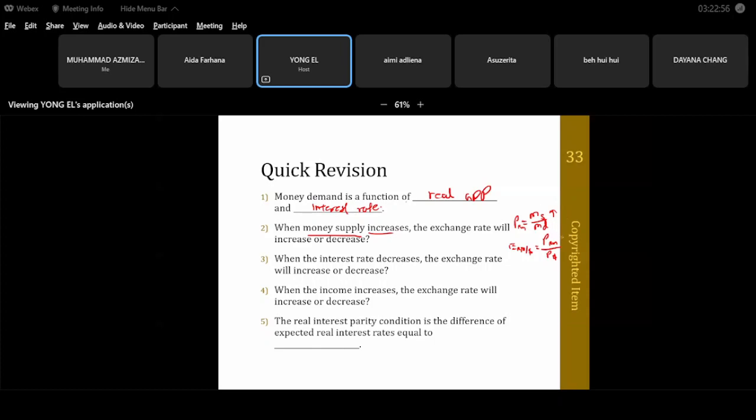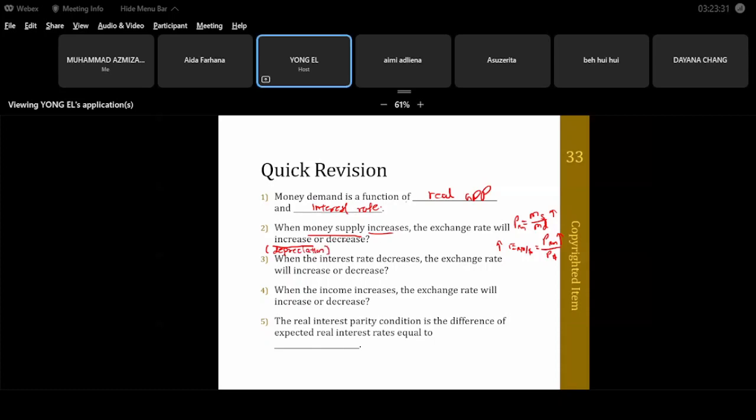That means the Malaysian price increases, exchange rate increases. The answer is the exchange rate, as Faiza and now Aimi also say, increases. Increases here means appreciation or depreciation? Appreciate or depreciate? Yes, this is some depreciation.